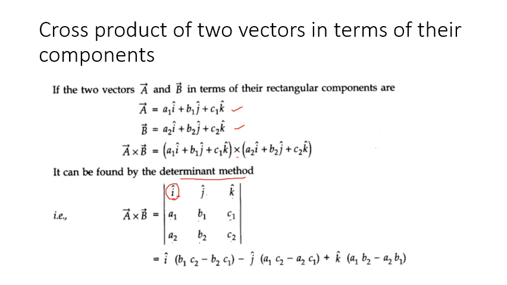Very simple. Take I outside first, I cap. This is your first thing. Remove the row and column where the I is. What are the remaining terms? B1, C1, B2, C2.